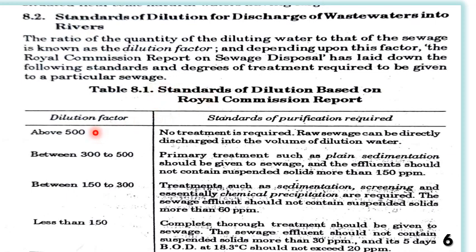In this table, which is self-explanatory, this is the dilution factor and this is the standard of purification required. The quality of sewage will be like this. Only if the condition is satisfied do we dispose it.